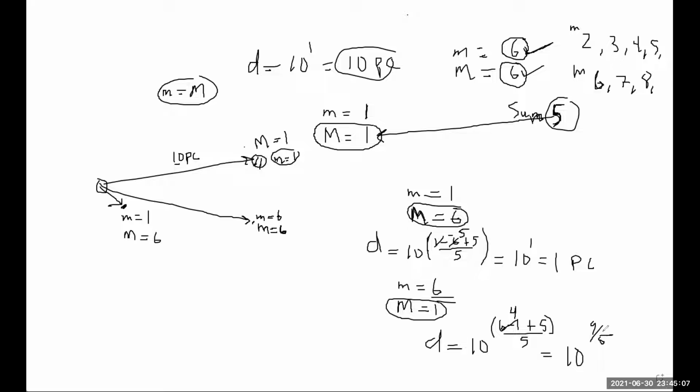It's not that perfect. Let me do it on my calculator. Since 9 over 5 is 1.8, I can just do 10 to the power 1.8 on the calculator. That's 63 parsecs away. So it wouldn't even fit on my chart here.